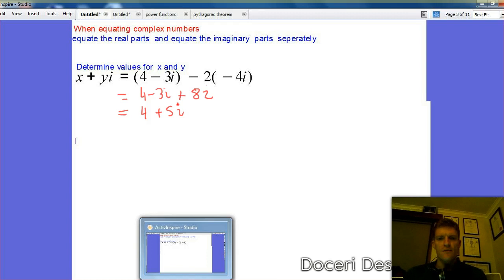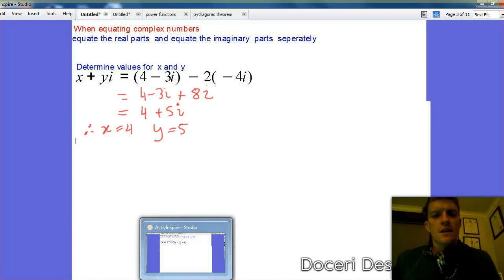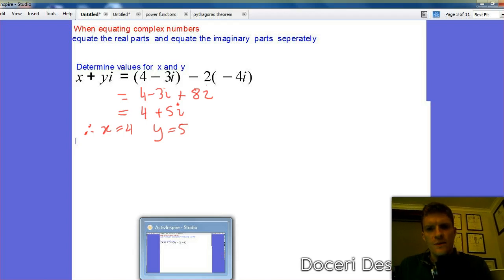Now comparing that right hand side with the left hand side, we can therefore conclude that x has to equal 4 and y has to equal 5. So that's one simple example of showing this type of problem.